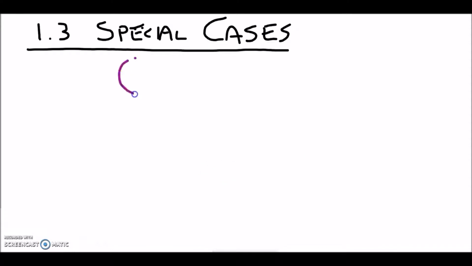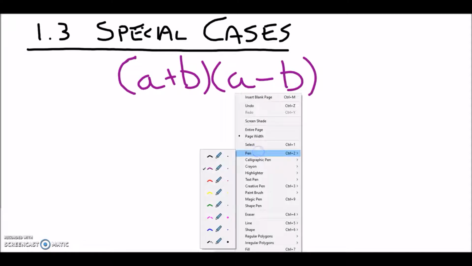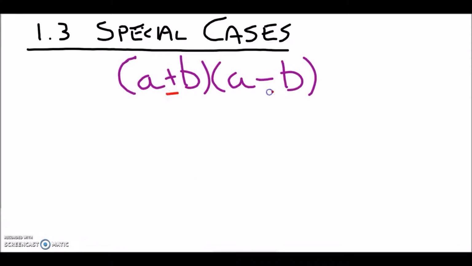First special case is if we have the same thing in parentheses, or two binomials are the same, only one time it's a plus, one time it's a minus. All right, drawing your attention to the plus and the minus.